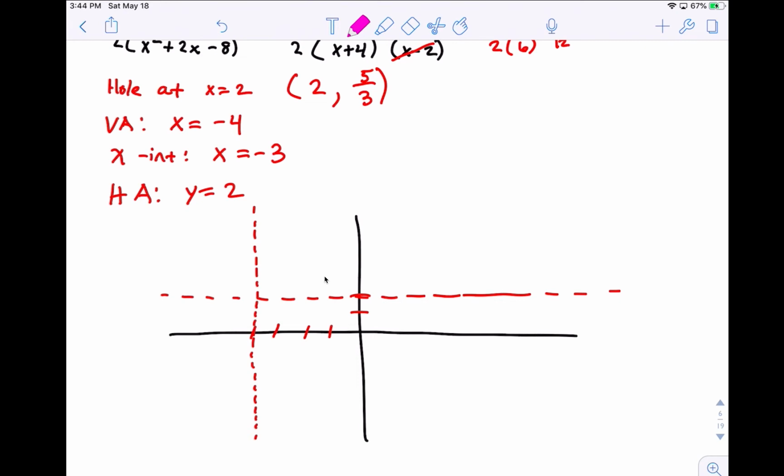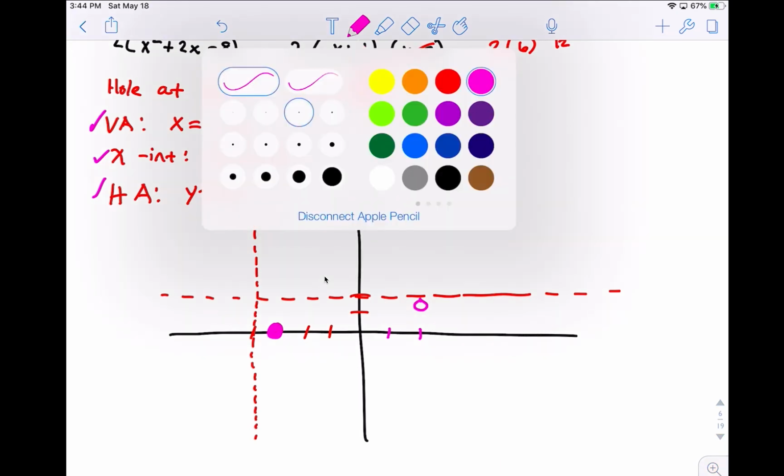The next thing I'm going to do is, so I did this, I did that. I'm going to do my x-intercept, which is here. Okay, and then I'm going to do the hole next, which is there at 2, 5/3, which is almost y equals 2, so right about there. All right. Now remember, rational functions are typically like opposite areas of each other.